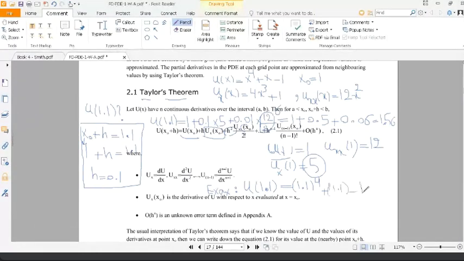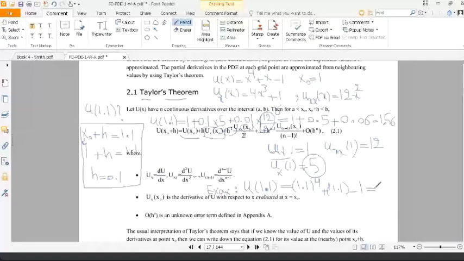This is the exact solution, not using Taylor's theorem, and I'm going to compute the error of this computing.